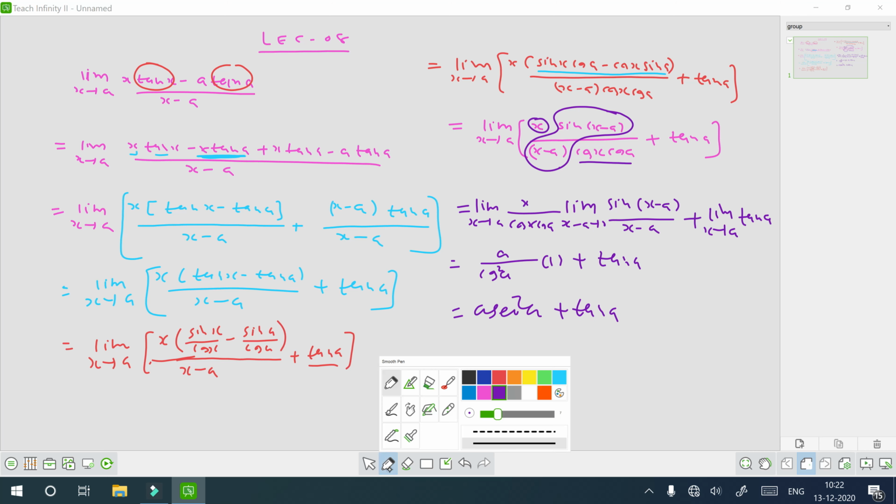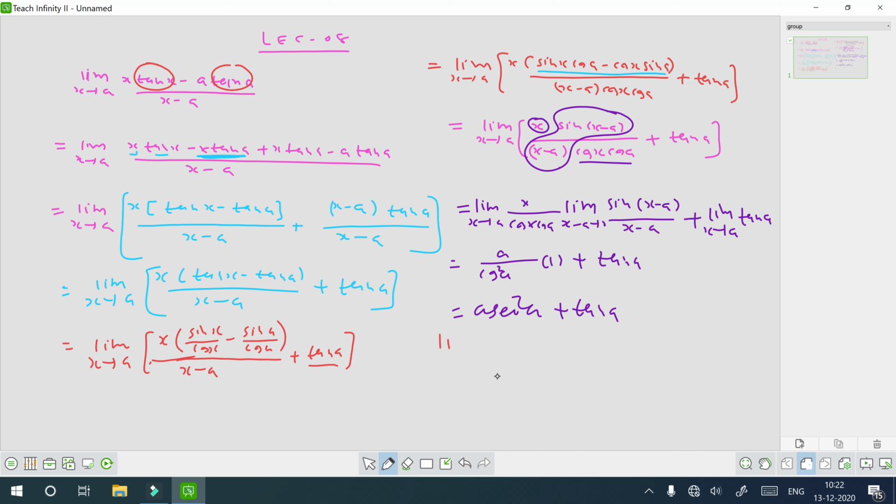Clear? I would like to give one sum for you. Limit x tends to a, x cot x minus a cot a over x minus a. On similar lines, you are going to solve this one. And its answer comes out minus a cosec square a plus cot a.